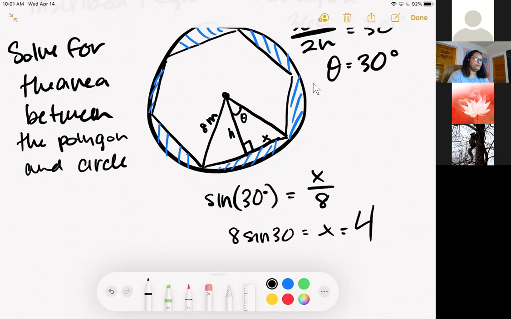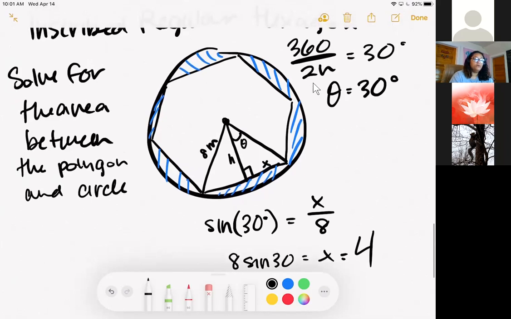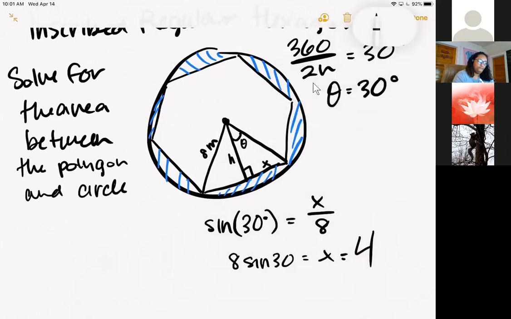So we have the base. And then we have to find h, and we can do that by using trigonometry again.